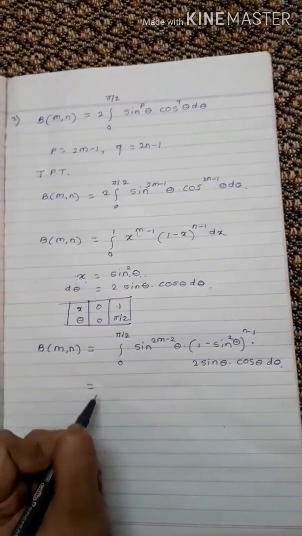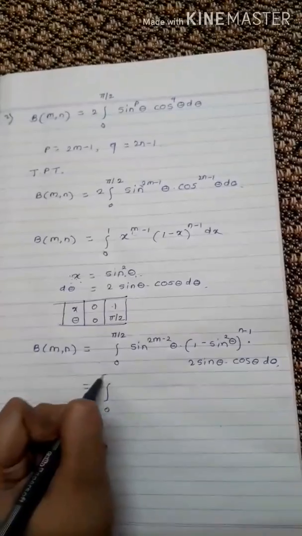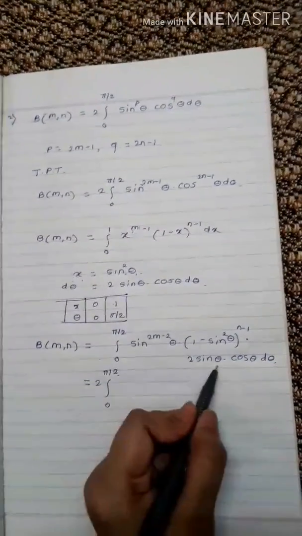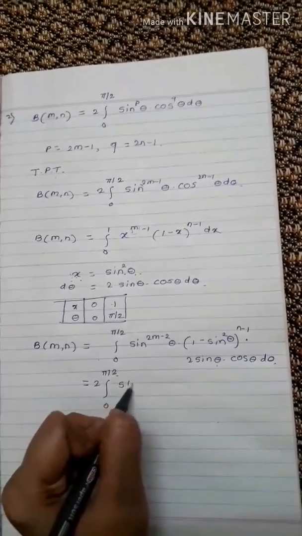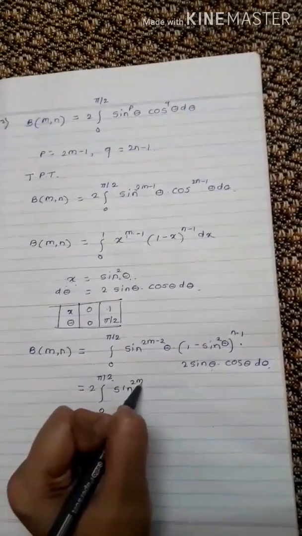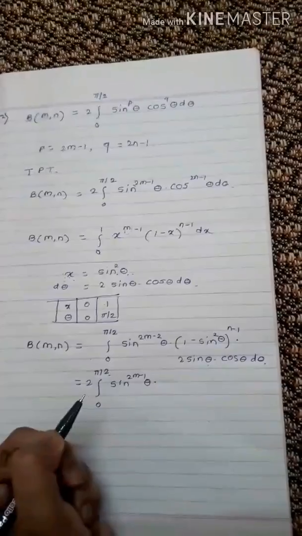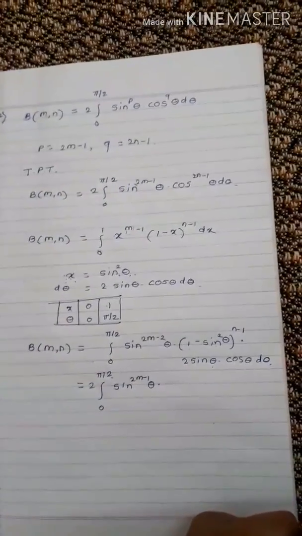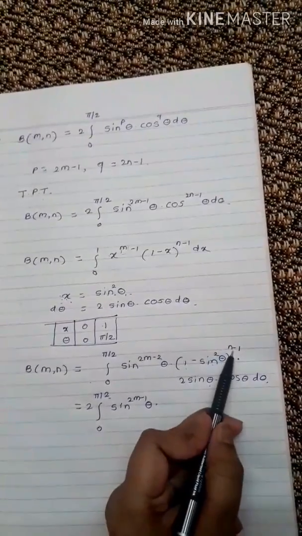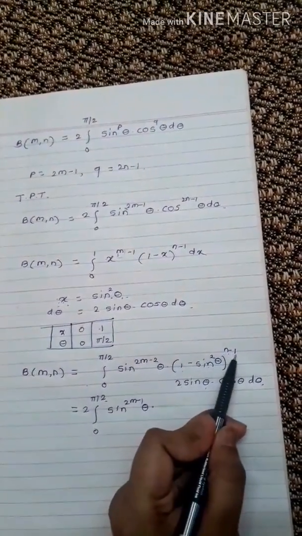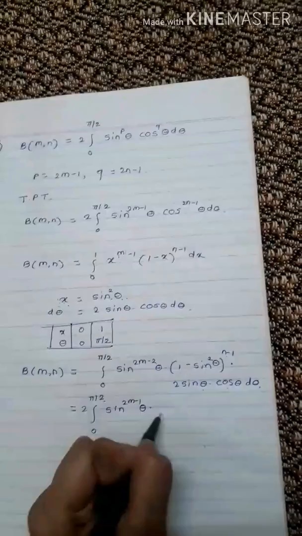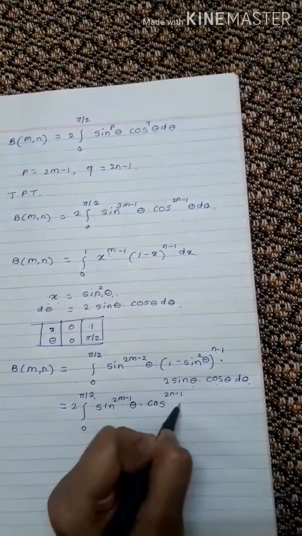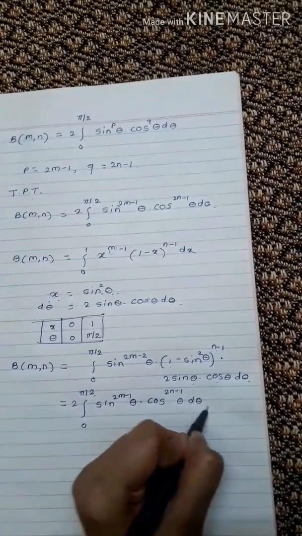So this is 2 times integral from 0 to pi by 2 of sine raised to 2m minus 2 multiplied by sine theta, which is sine raised to 2m minus 1 theta. This is multiplied by 1 minus sine square theta, which is cos square theta. Cos square theta raised to n minus 1, so that is 2n minus 2, and multiplied by cos theta, so this is cos raised to 2n minus 1 theta d theta.